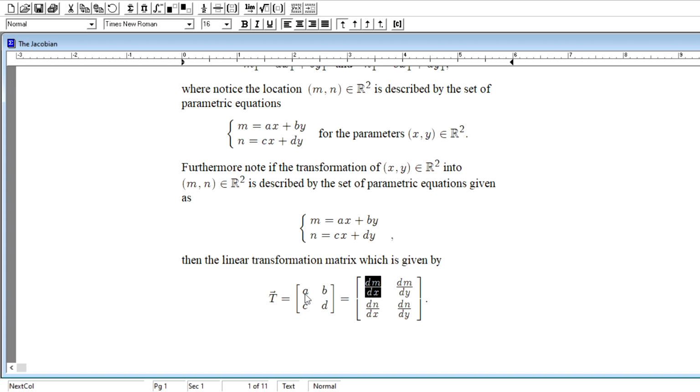The value of A in T comes from the derivative of m with respect to x.